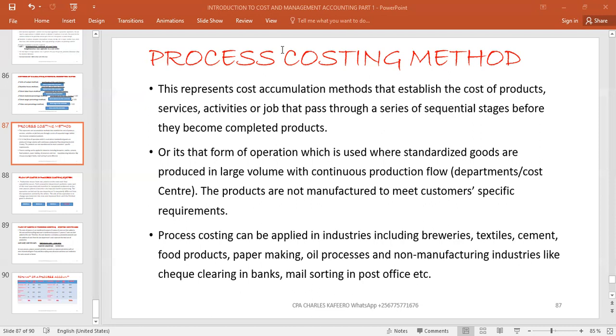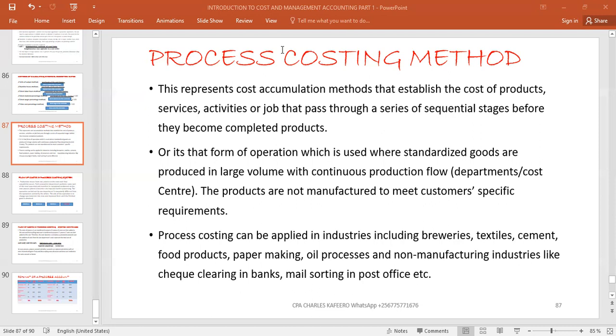You can also define it as the form of operation used where standardized goods are produced in large volumes with a continuous production flow or departments. Some people call them cost centers. These are different departments within the production.